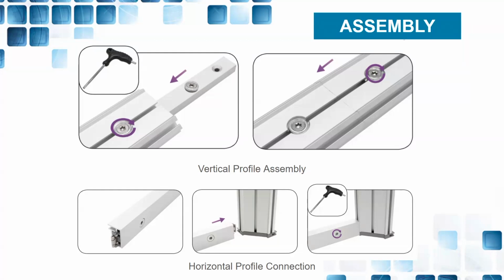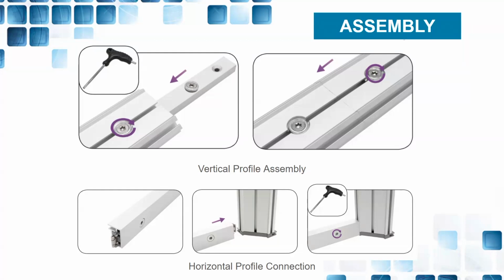You see that the splice bar is inserted where the splice will connect to the opposing side of the profile, and then use a Torx wrench to tighten the countersunk screw that you see in that bar. And once you tighten that down, you bring the other side in, which is the photograph in the upper right, and then you would repeat that process with the other countersunk screw until you make a tight connection. At that point, you have now spliced two pieces of the vertical together to create one large vertical application.